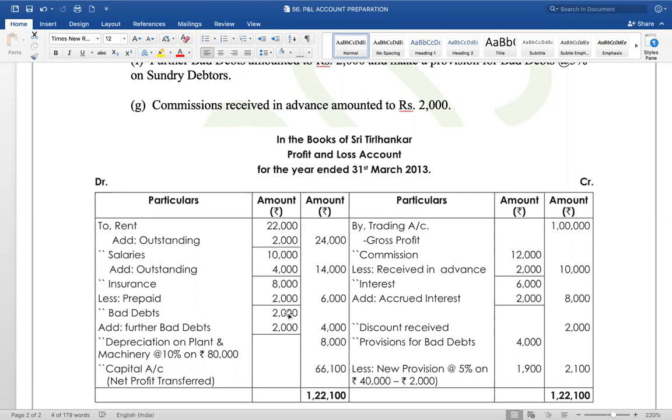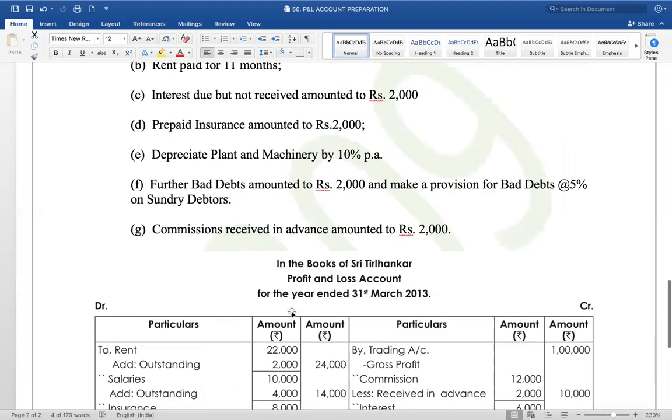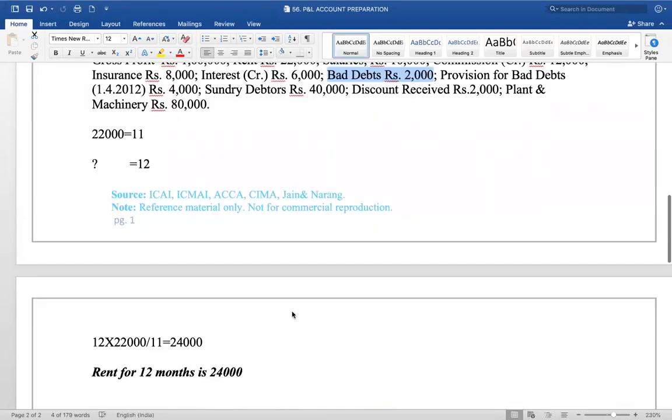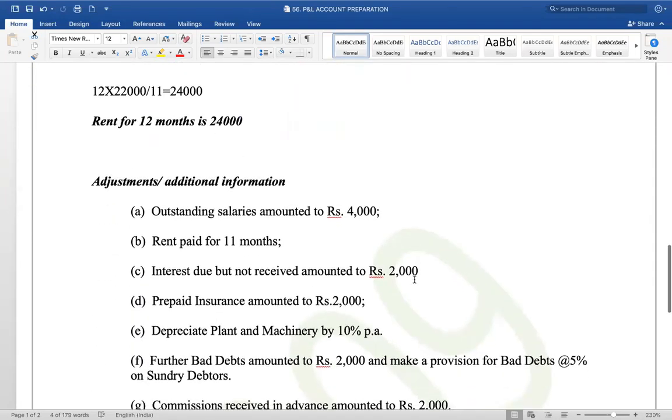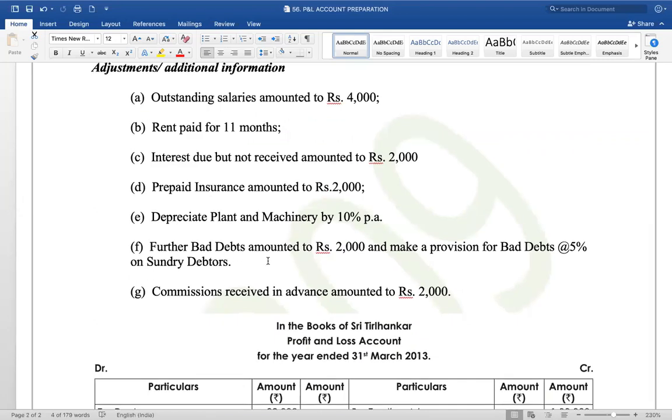Okay. Bad debt, 2,000. Is there any adjustment for bad debt? Further bad debts amounted to 2,000. This is an addition.